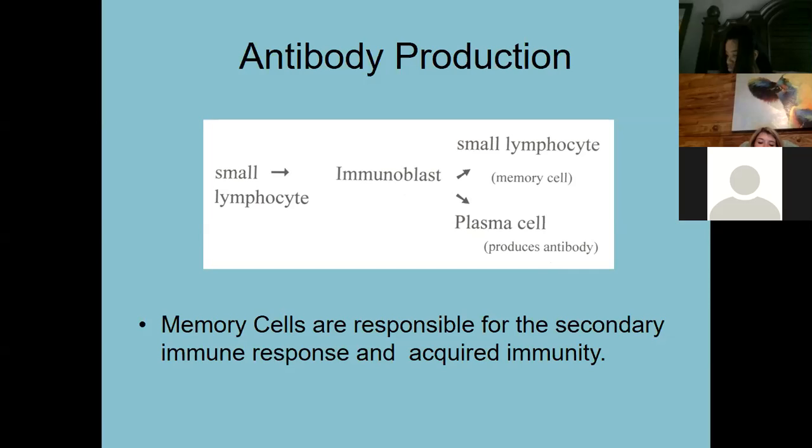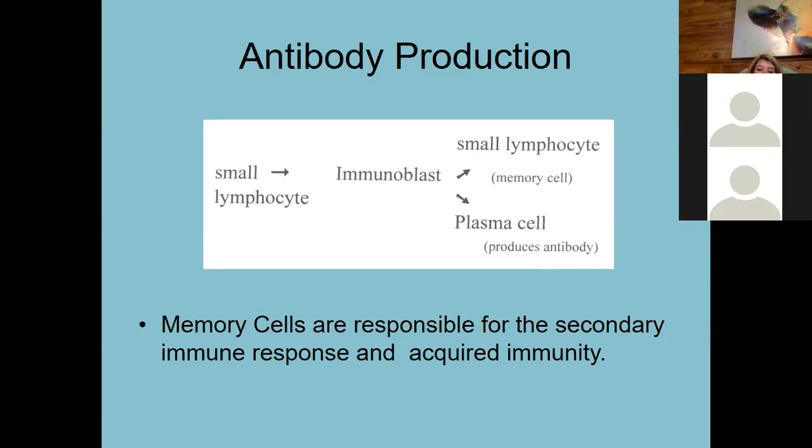Now, when we think about cell division, we think of cells that divide and produce two identical cells. Well, in antibody production, this is not the case. The immunoblast divides into a small lymphocyte that is the memory cell. It is the cell that holds the information for future use, and into an actual plasma cell that produces the antibody to fight off the antigen.